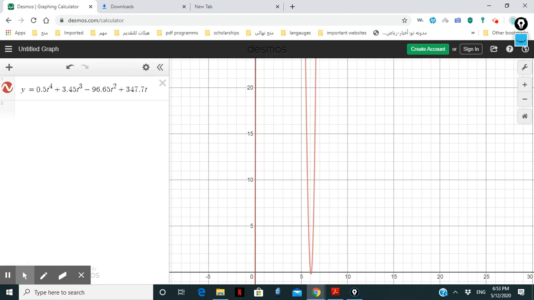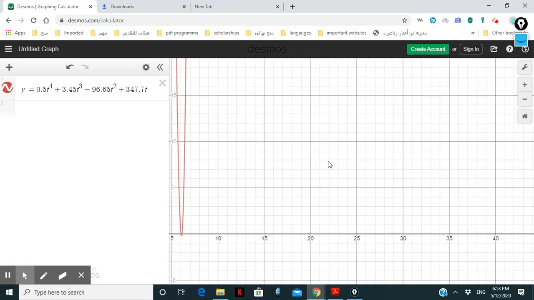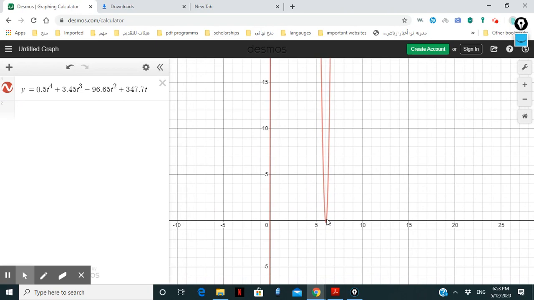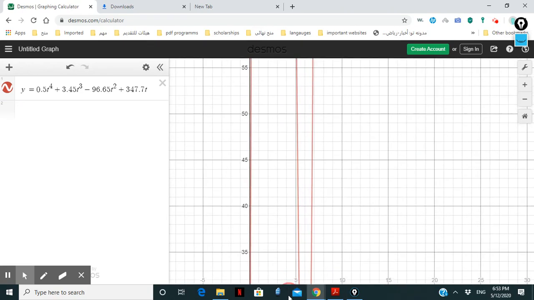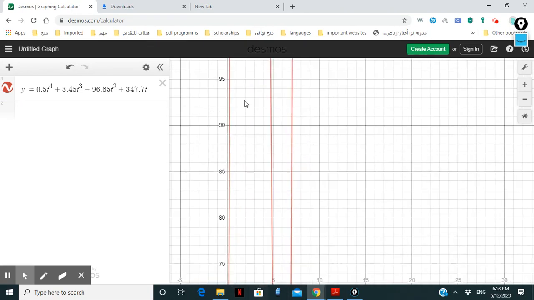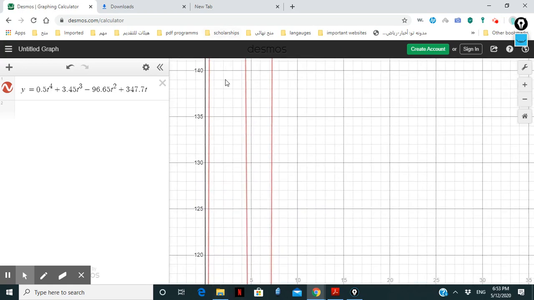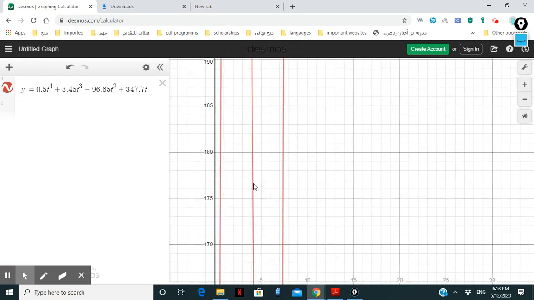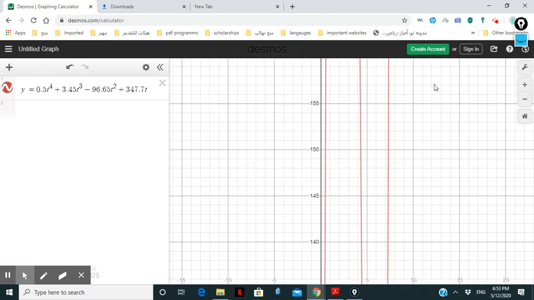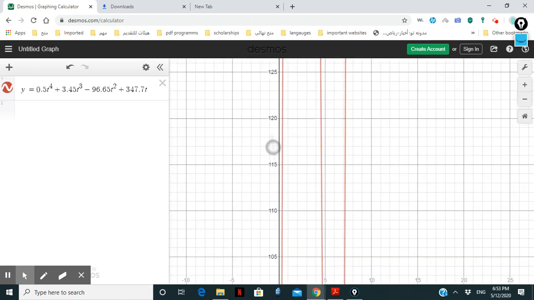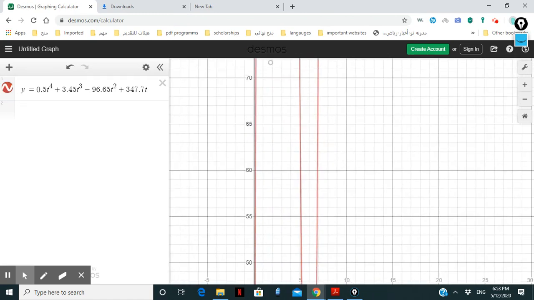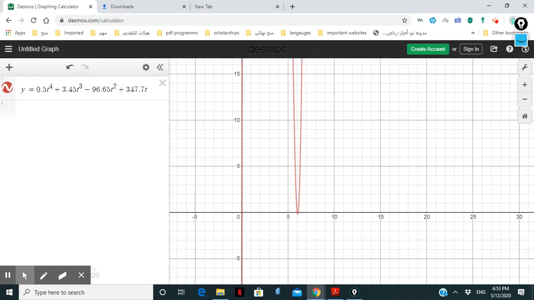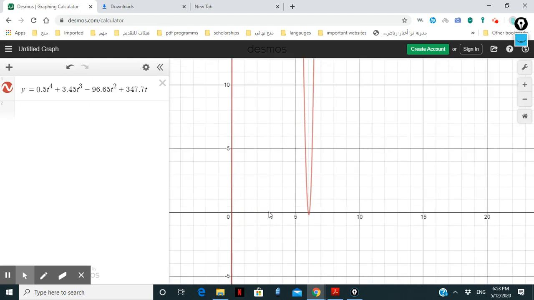If you're looking, it goes down again at 0, and it goes all the way to the top. It's behaving like a quadratic equation. So halfway between 6 and 0 is going to be the maximum peak, which means at 3.